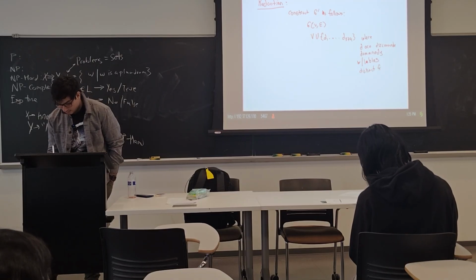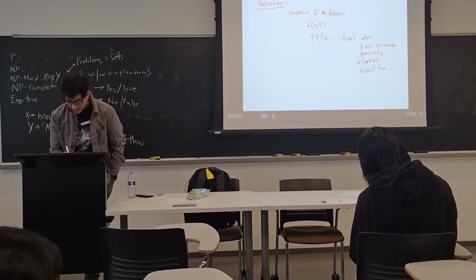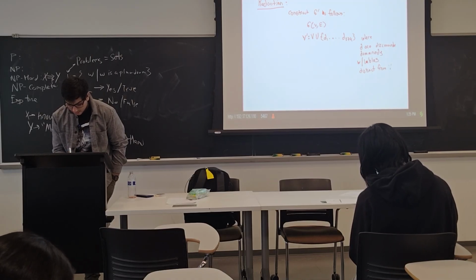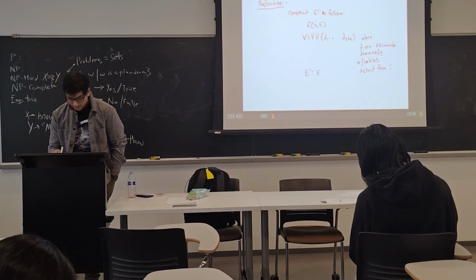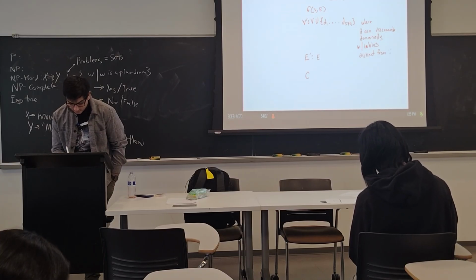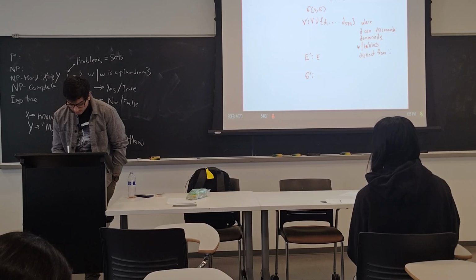I do not need to add any edges, so we can say V prime looks like this. E prime can just be the original edge set, and then you construct G prime by using V prime and E prime.